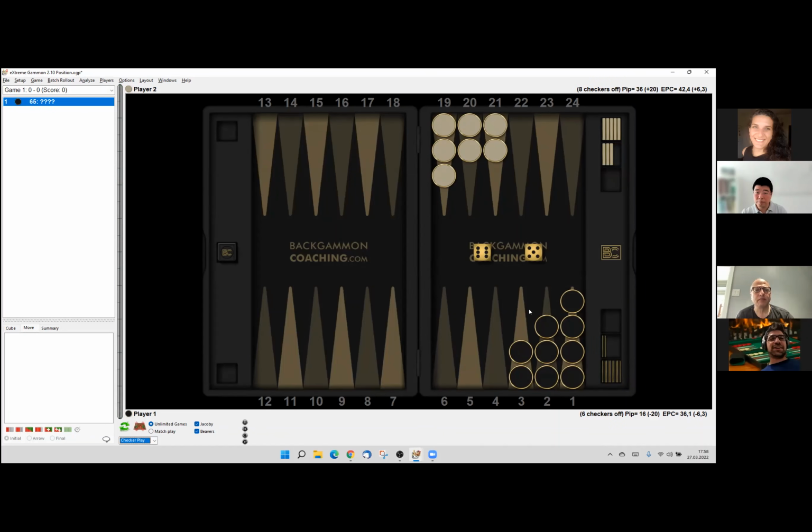That's why we care so much, in the race, about checkers which are on the 1 point, which are on the 2 point excessively. So when we've got more than 1 checker on the 1 point or on the 2 point, it's called wastage, and we need to somehow penalize that.